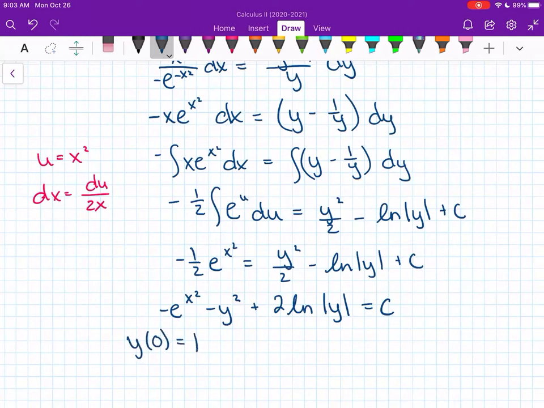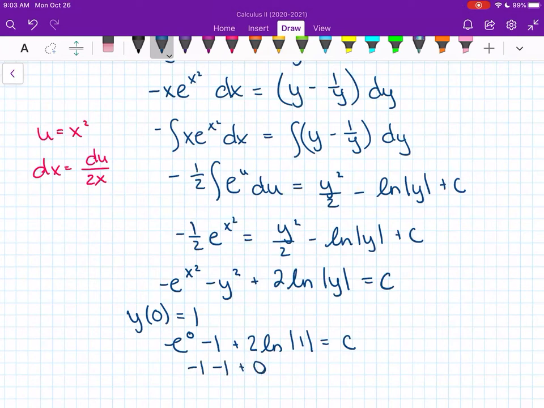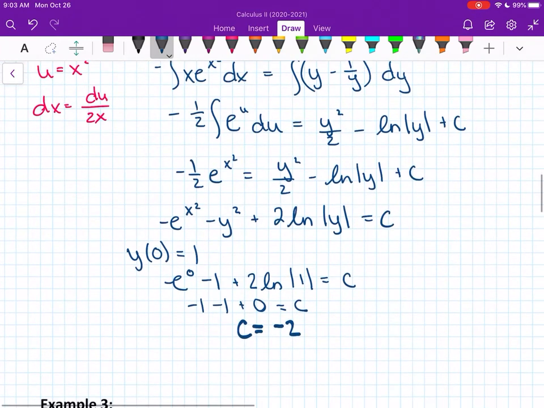Now we have our initial condition where if we plug in 0 for x, we get 1 for y. So now I have negative e to the 0 minus 1 plus 2 times the natural log of the absolute value of 1 equals some constant c. So I get negative 1 minus 1 plus 0 equals c.